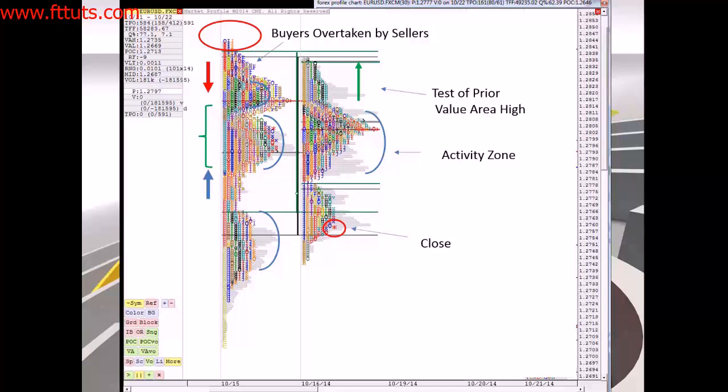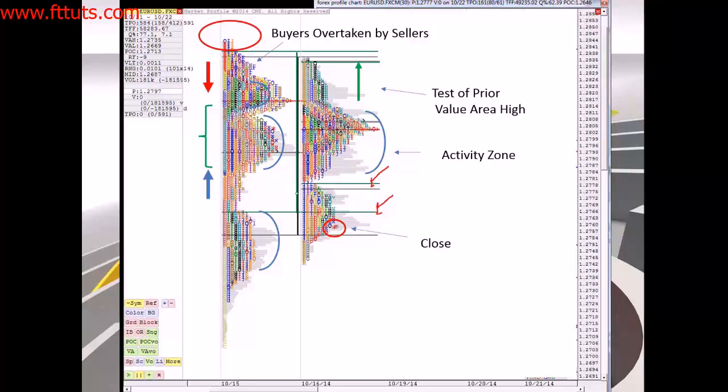We close below the value area low of the prior session as well as this session. So now we have a close below 2. Now remember, when we do close, we will have this value area low for this current session, and this is our value area low from the prior session, and we close below both of them, indicating a rather bearish close.